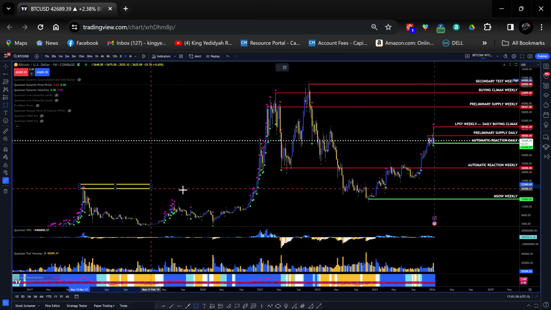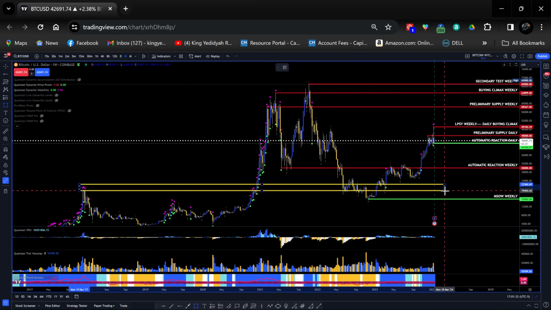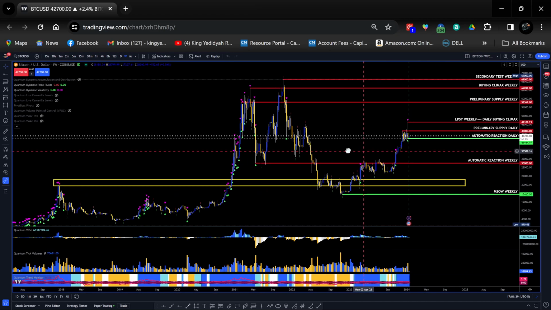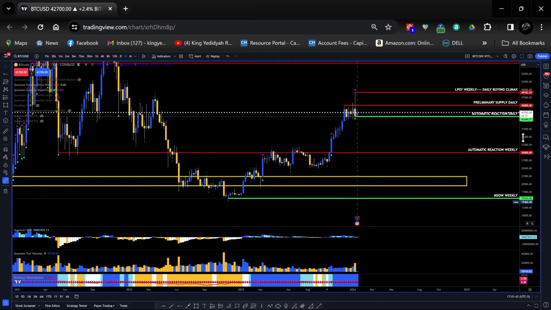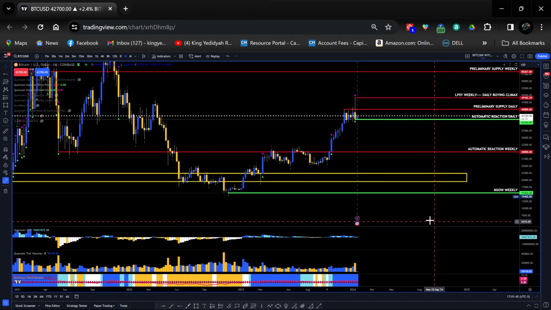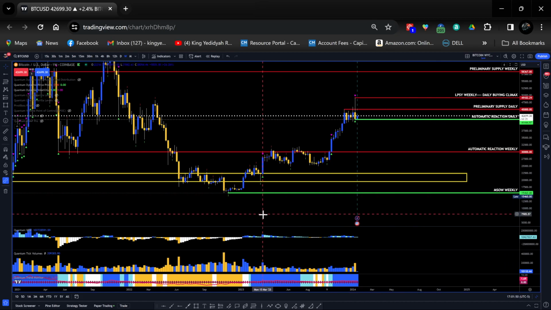But see how there's a horizontal consolidation? That's the level right there. Usually the previous all-time high then acts as support for the next pullback, and that's exactly what we're seeing right there.